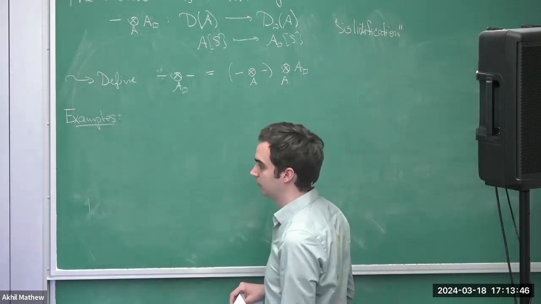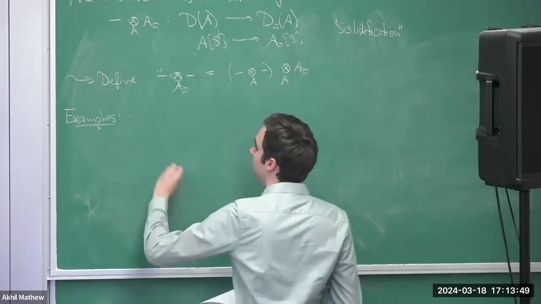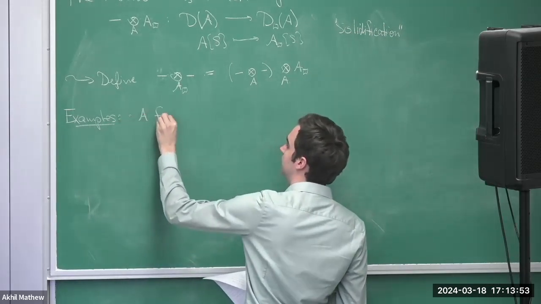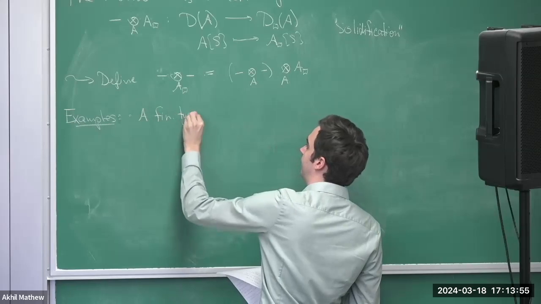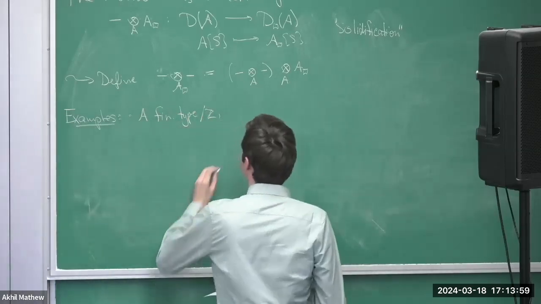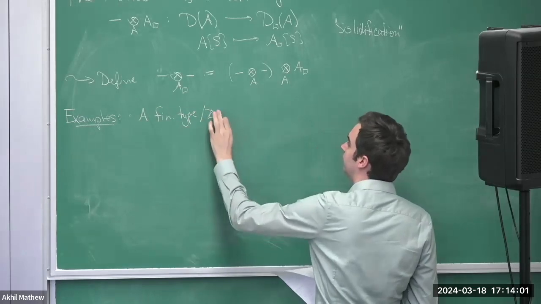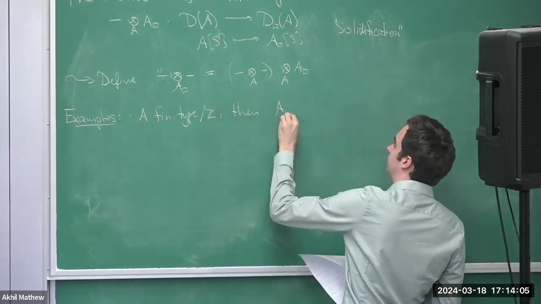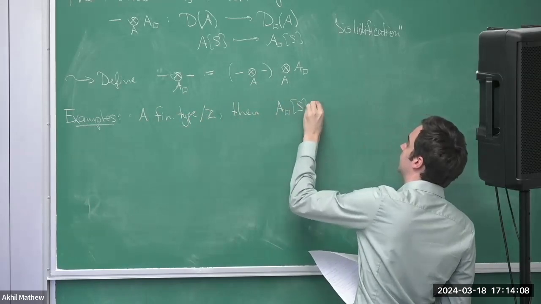So to give some examples, first of all, we note that actually A is finite type over Z, where we don't need this weird colimit. Then the solid S has a very simple form.